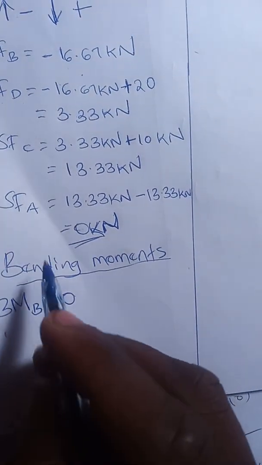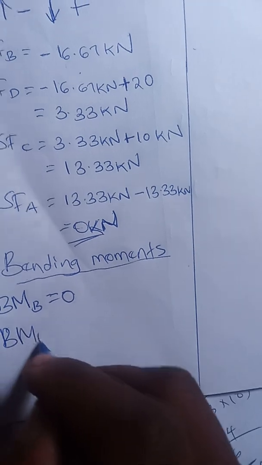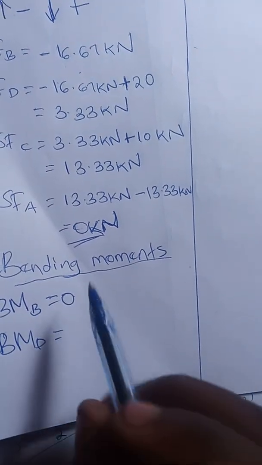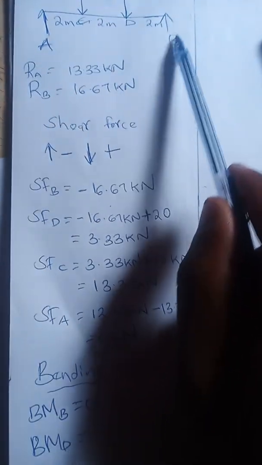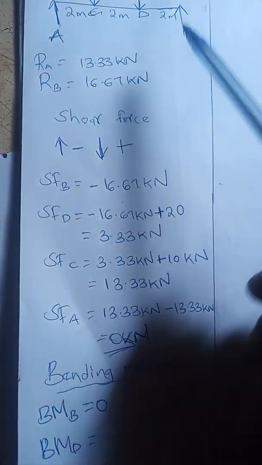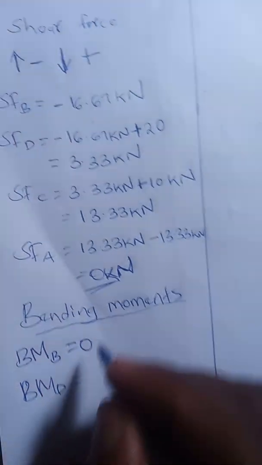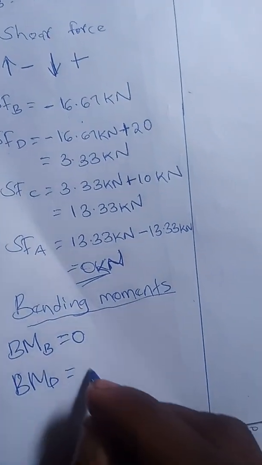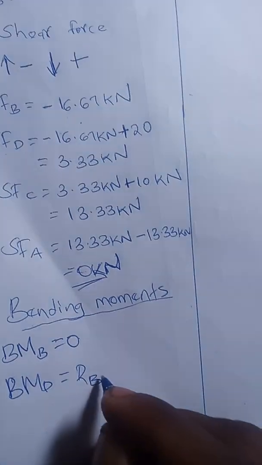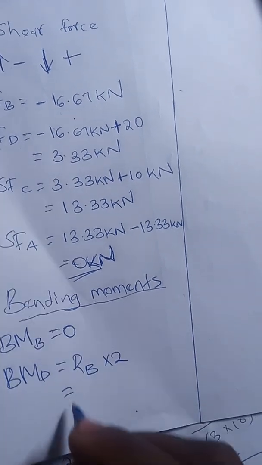Then from B, you have the bending moment at D. You have a reaction here at B, which is 16.67, acting at a distance of 2 meters. So it will be a positive moment. It will be RB times 2 meters.